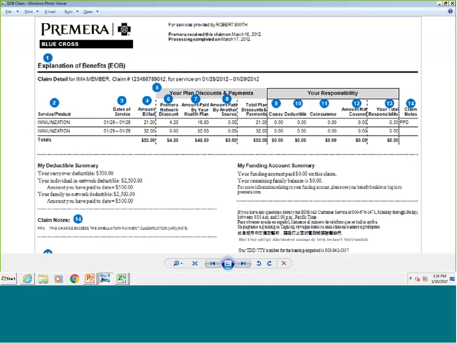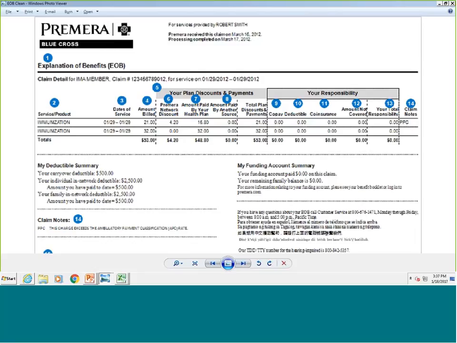Number two is the service. Number three is the date of service. Number four is how much the organization is billing. Number six, there may be a discount based on being a participating provider. So they'll indicate the amount paid, and if there's a secondary insurance, for HCBS services, doesn't apply.